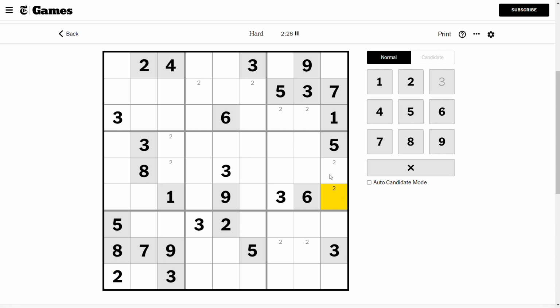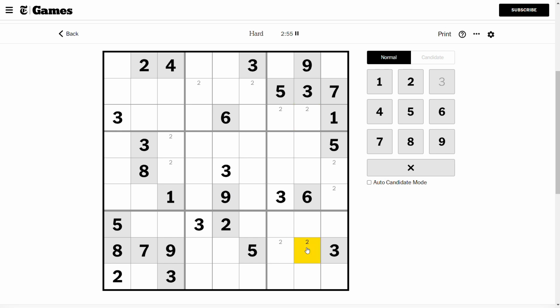And because 2 is guaranteed to go into one of these 2 cells for this column, none of the other open cells in block 6 can contain 2, because they are here. Okay, so this is a useful technique to learn about in Sudokus. It's actually very useful when it comes to hard Sudokus. So when you recognize this pattern, use it.